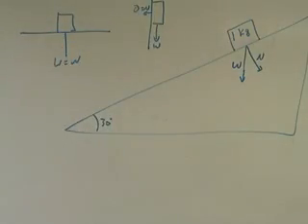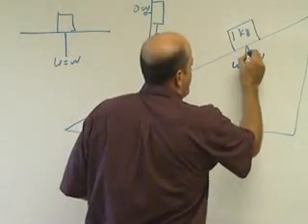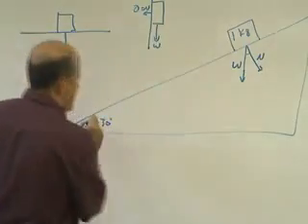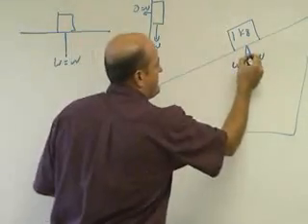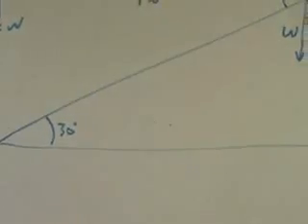So based on the geometry, we can figure out what that is. It turns out if you go through all the geometry on these, this angle here is equal to this angle here. 30 degrees.